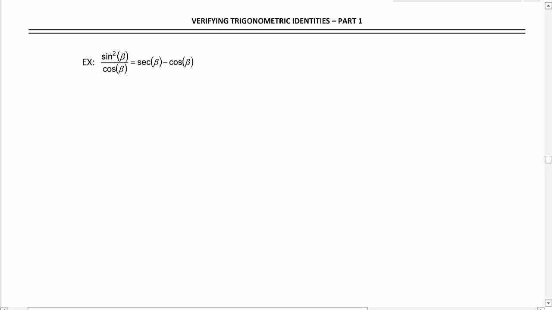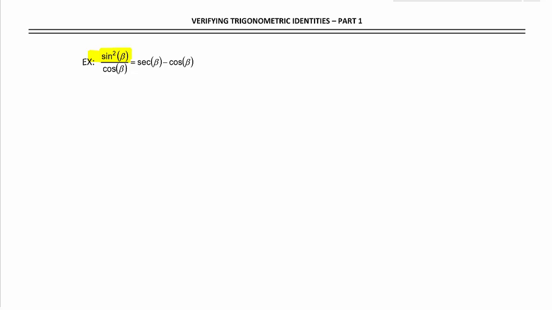I also notice that I have a single term, that single fraction on the left, but I have multiple terms on the right. So algebraically, the only way that this can happen would be if I had multiple terms in the numerator, broke it up into two separate fractions, so that would give me my two separate terms, and then simplify each of those fractions. So that's kind of my idea.